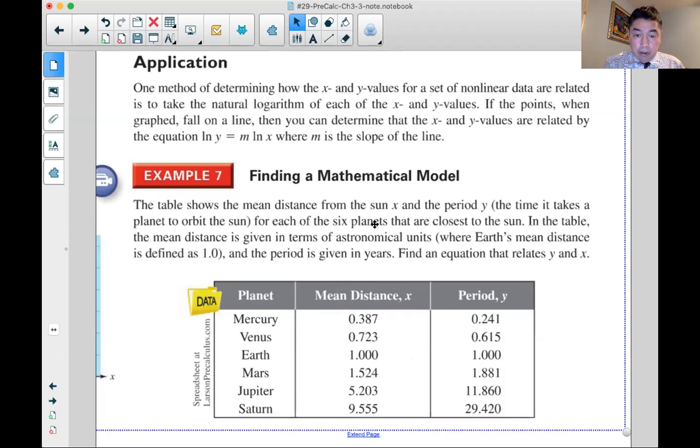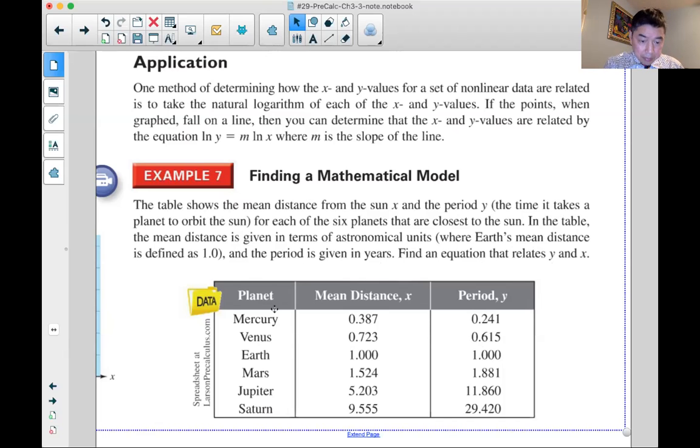They researched the 6 planets closest to the sun. In the table, the mean distance is given in astronomical units, where Earth's is defined as 1, and the period is given in years. So find the equation relating y and x.